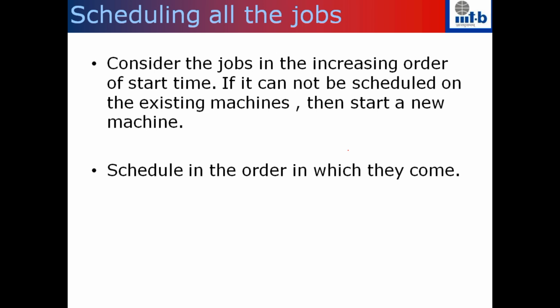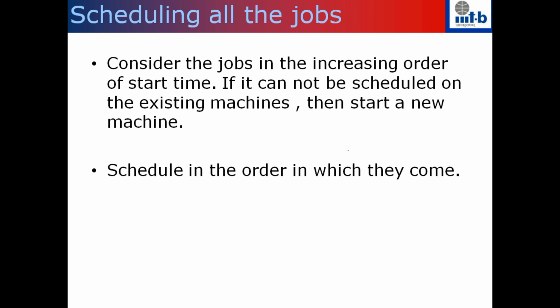You ask for a new machine only when the job cannot be scheduled on any of the machines, because all of them are processing some job which conflicts with the job being considered now, right?